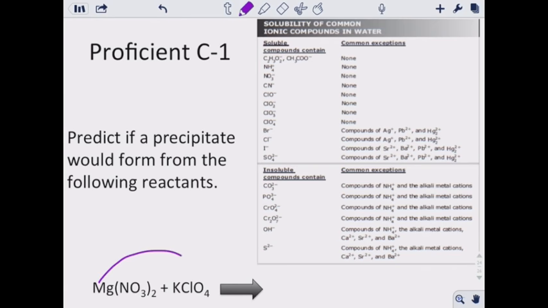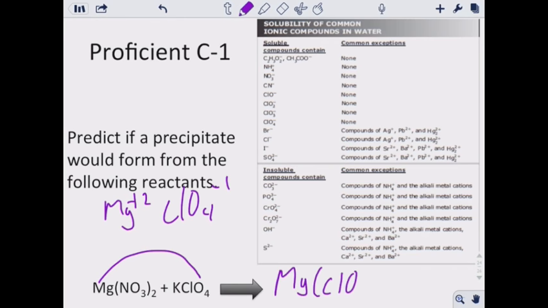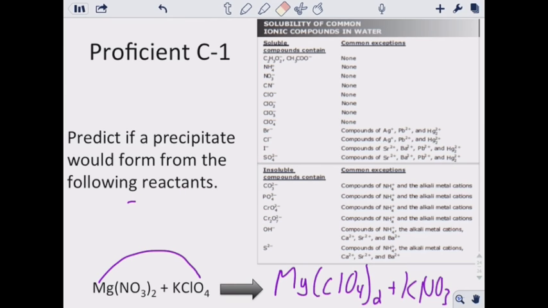Magnesium is now going to be bonded to perchlorate, and we do the crisscross: Mg is +2, ClO4 is -1, so we get Mg(ClO4)2. Then potassium bonded to nitrate, potassium has a +1 oxidation number, nitrate has a -1, so it's KNO3. Now we look to see if one of our products will be insoluble.